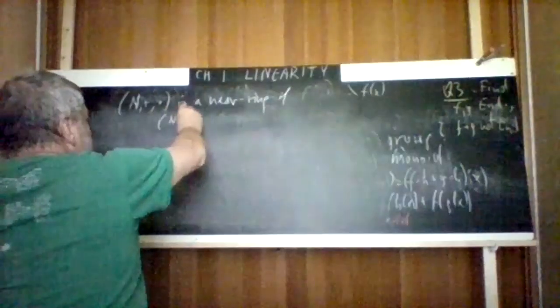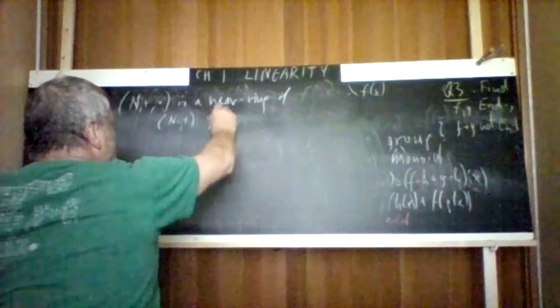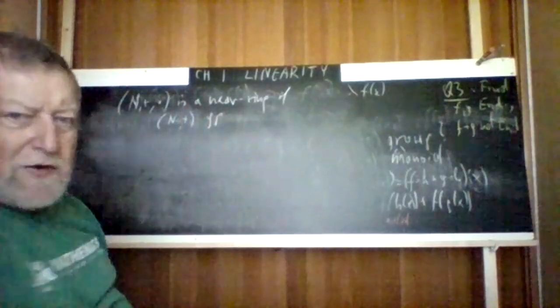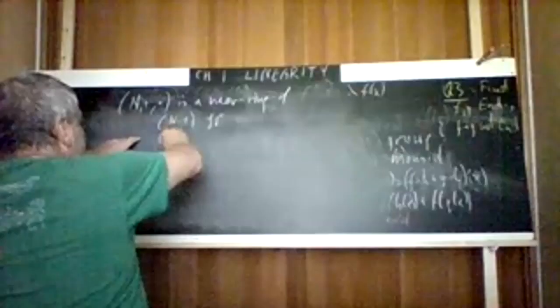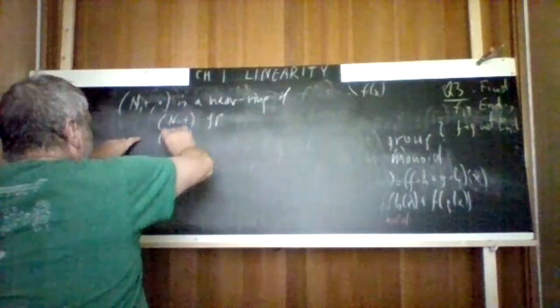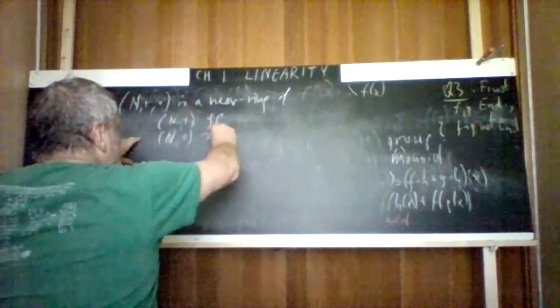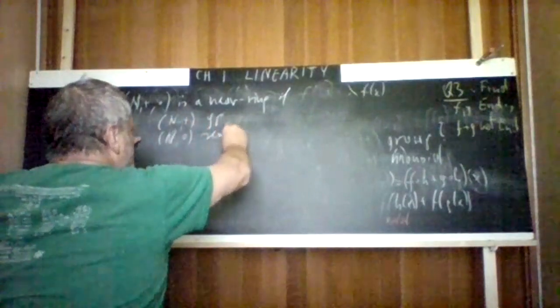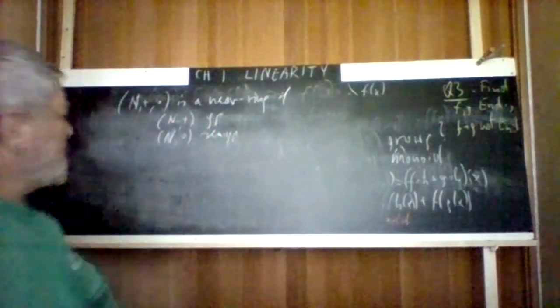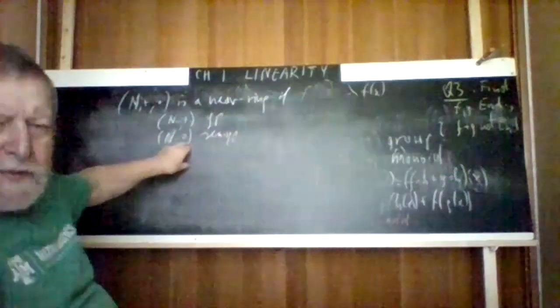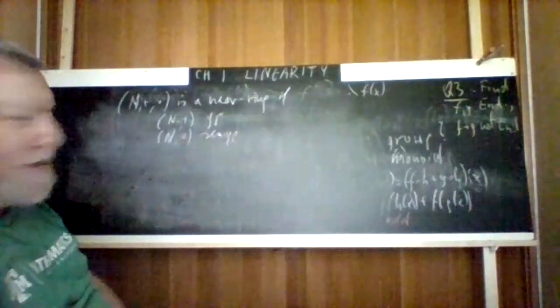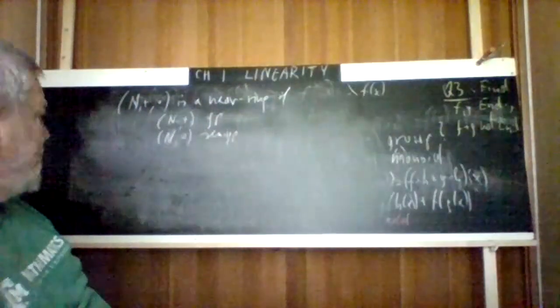If N plus is a group, not necessarily abelian, and N with composition is a semigroup, which means that it's closed with respect to composition and it's associative.